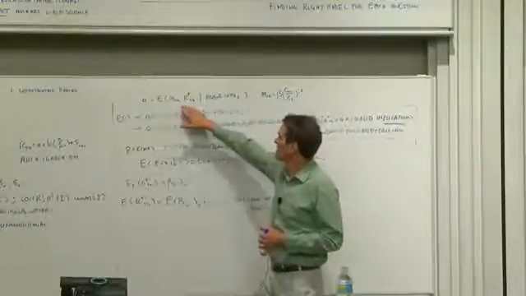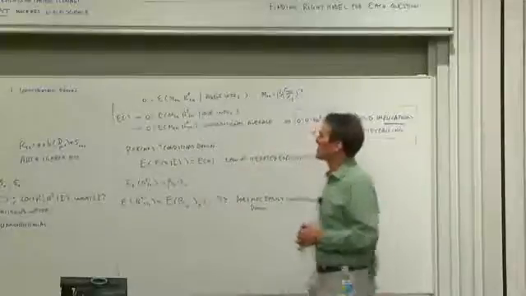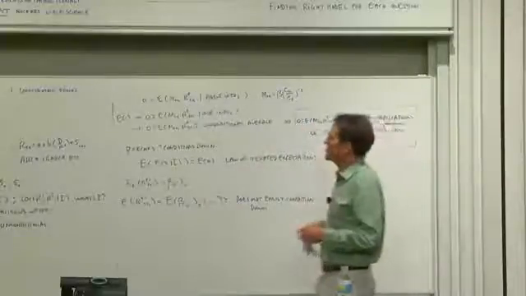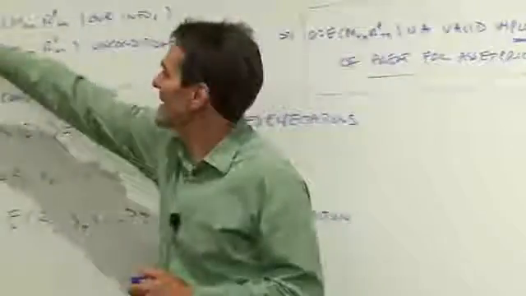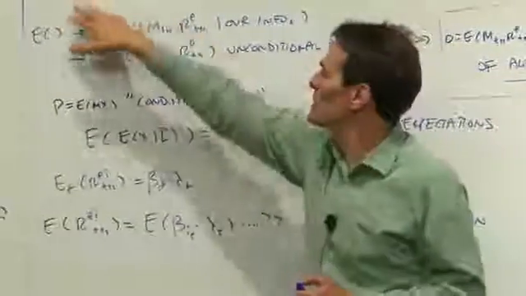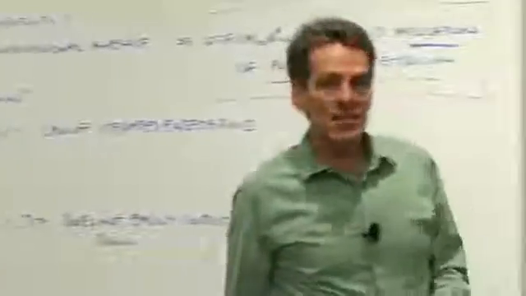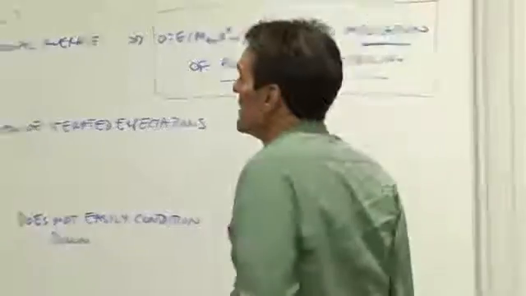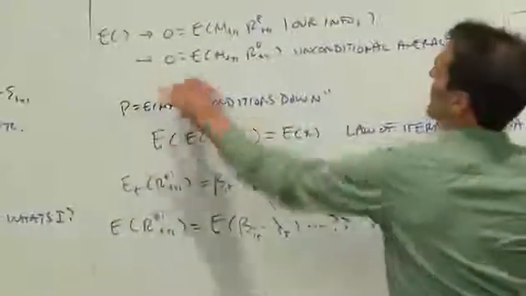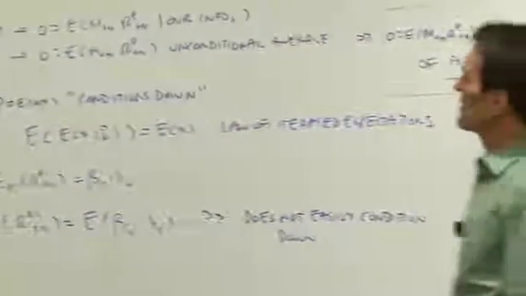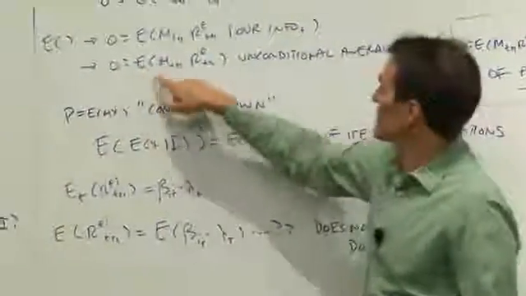Our theory says 0 equals E of M times excess return, given the agent's information, but we can take the expected value of both sides of this equation using some coarser information set. If we just take the expected value of both sides of the equation, then 0 equals E of MR, the unconditional average. Why?